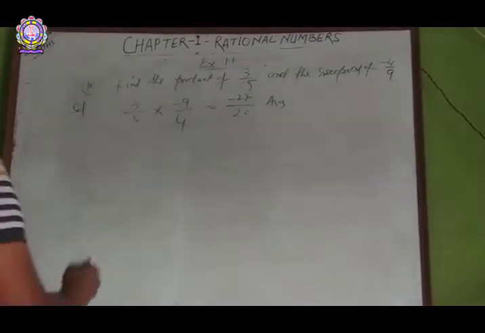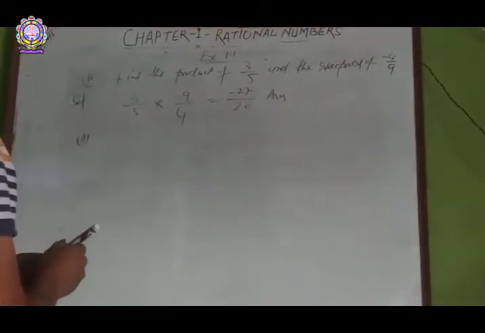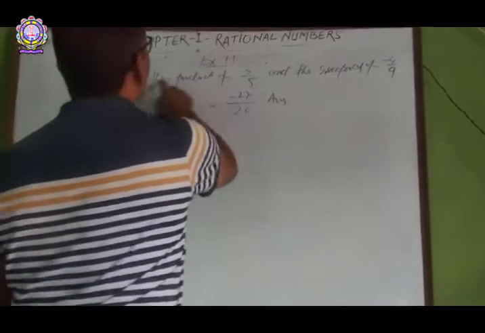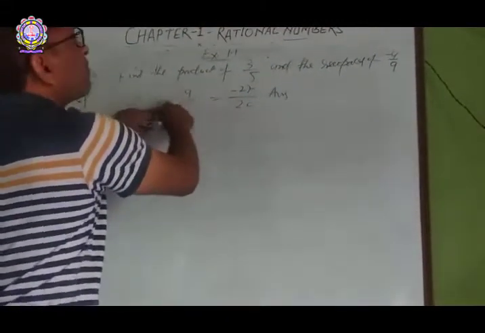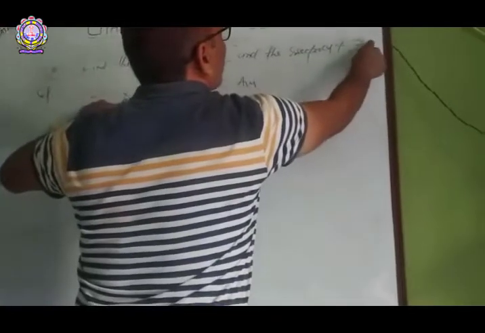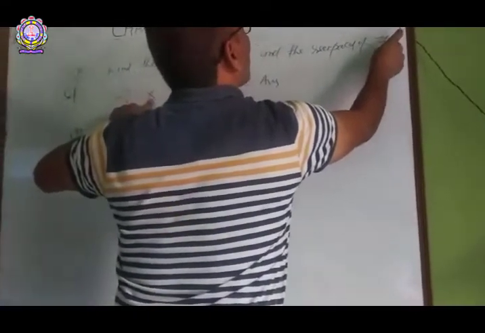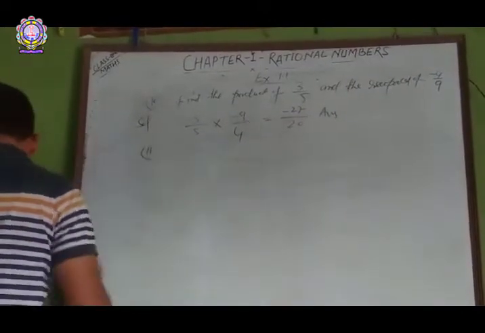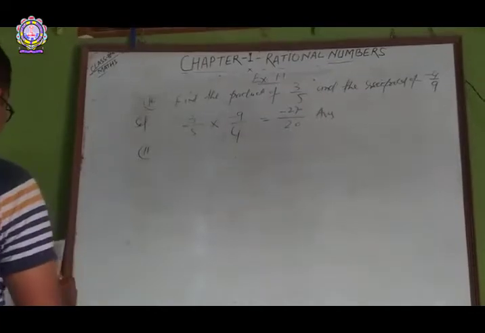Now come to question number 11. Here you can solve this. Find the product of 3 upon 5 multiplied by the reciprocal of minus 4 upon 9.